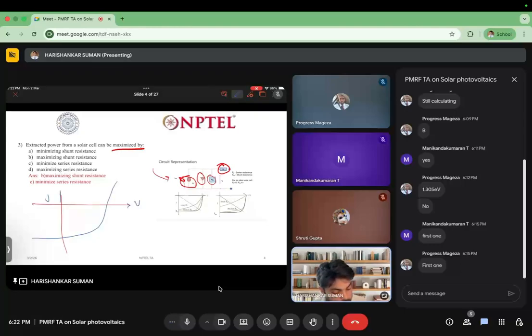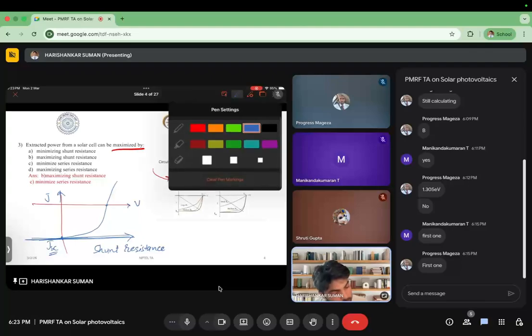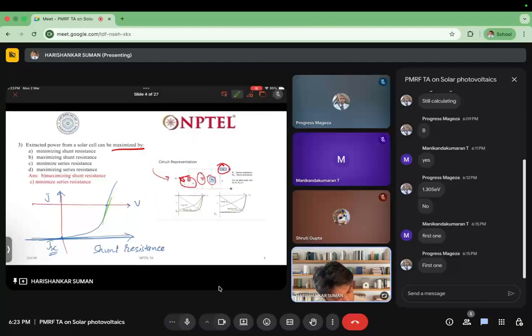This is voltage, and this is current density on the y-axis. On this side, the tangent at the JSC side, its inverse gives you the shunt resistance, while the tangent inverse on this side will give you the series resistance. This is the VOC side.